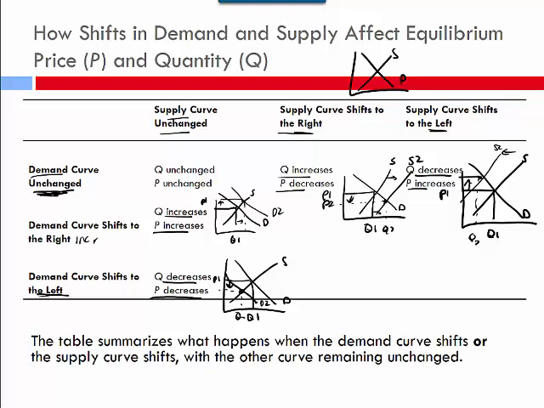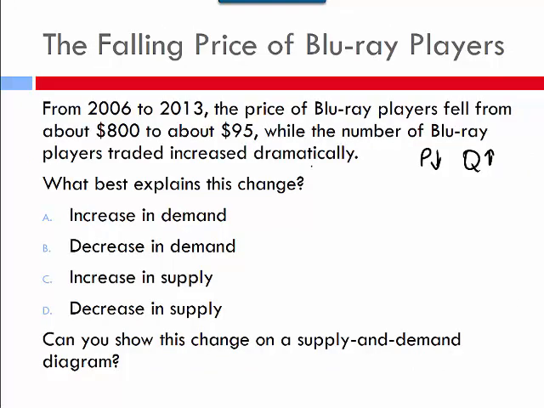You can check these for situations like that, and we see it right here. So we see the supply curve shifting to the right, demand curve not moving. So that is an increase in supply. That's the only thing that can cause this situation, where we see a drop in the price and an increase in the quantity.